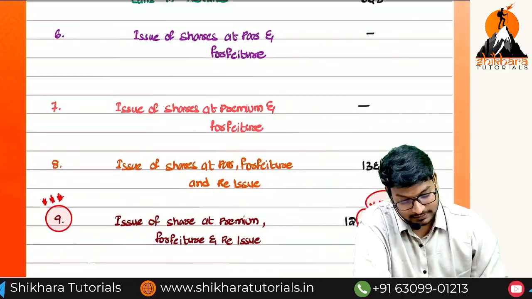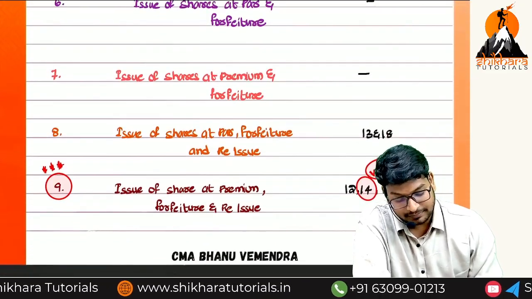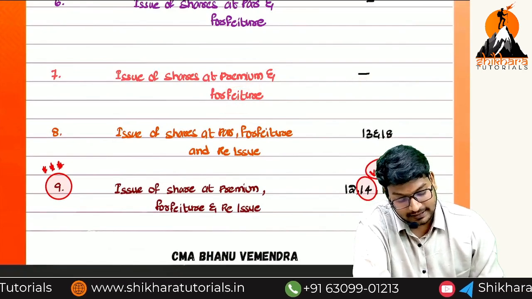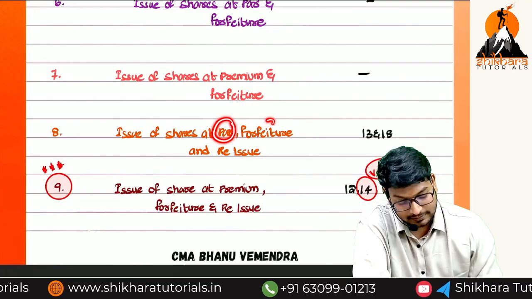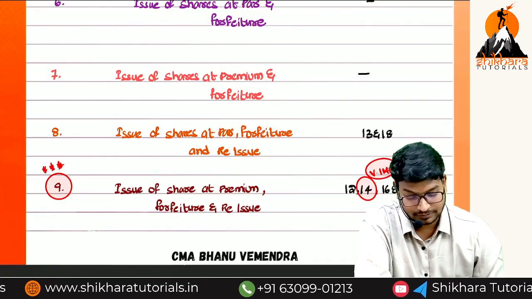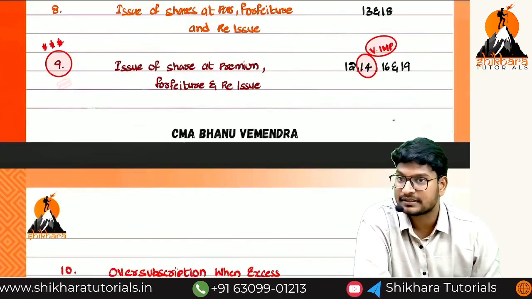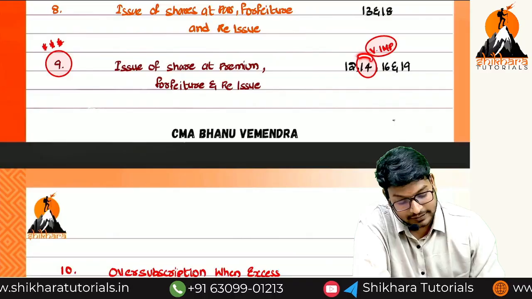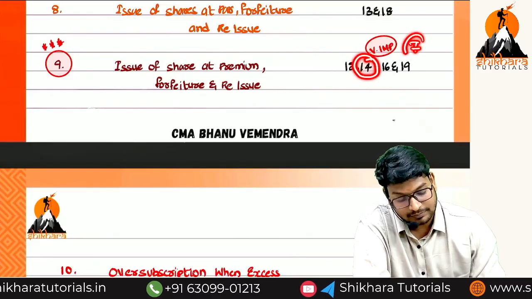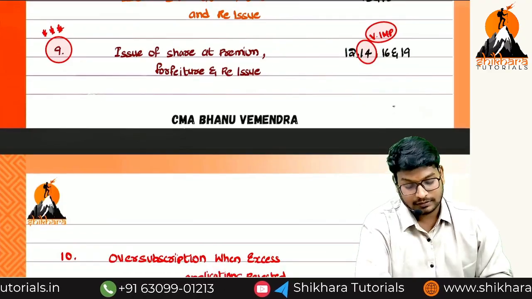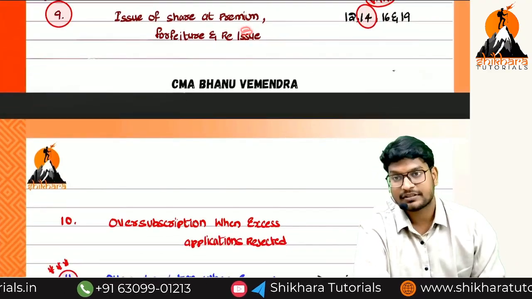And next, issue of shares at premium and forfeiture, there are no questions, but directly they're asking issue of shares at par, forfeiture and reissue. So here comes the most important concept, and in the examination they will ask the 14th question. So 7 marks, a very important question, the 14th question. This is premium, forfeiture and reissue.